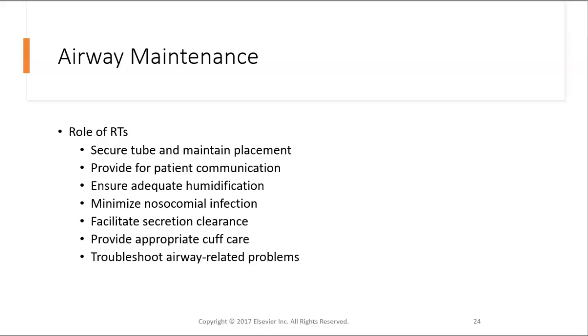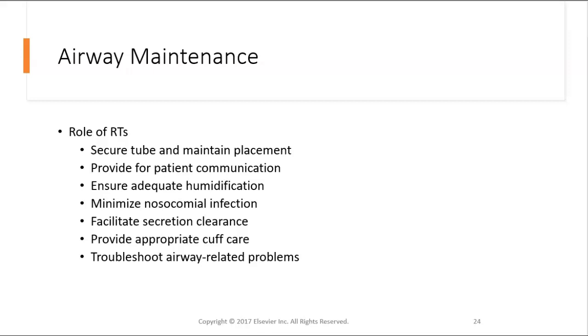Okay. All right. So moving on into airway maintenance. Your role in airway maintenance is to secure the tube, maintain the tube, no matter what type of tube it is, help the patient with communication aids, and ensure adequate humidification. Again, anytime I bypass the upper airway, I'm bypassing my patient's ability to heat and humidify the gases themselves.